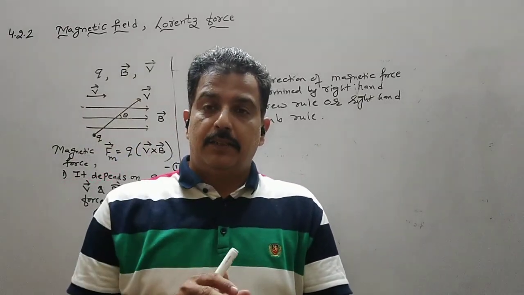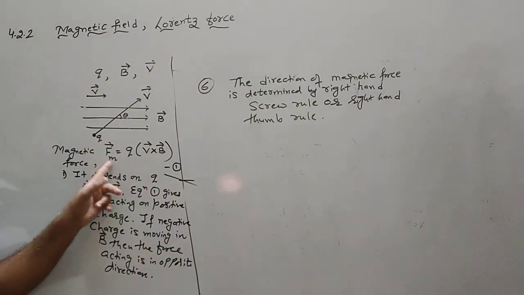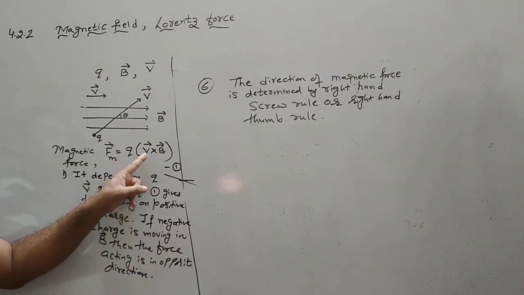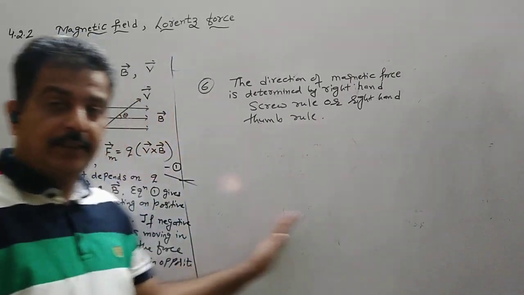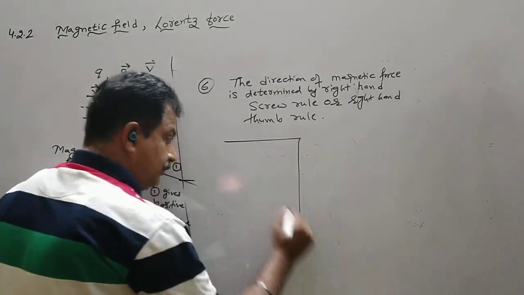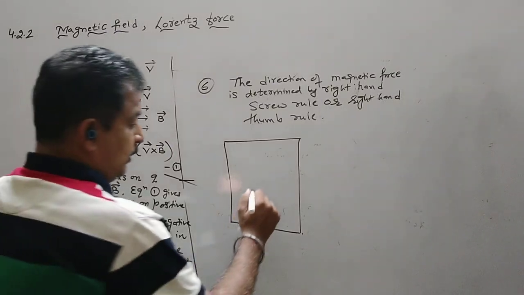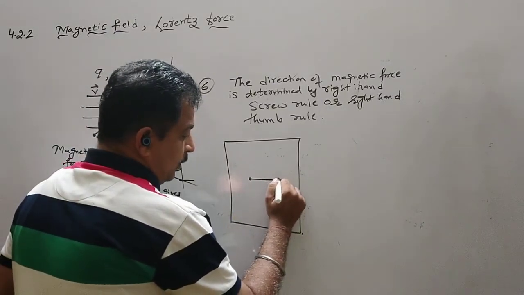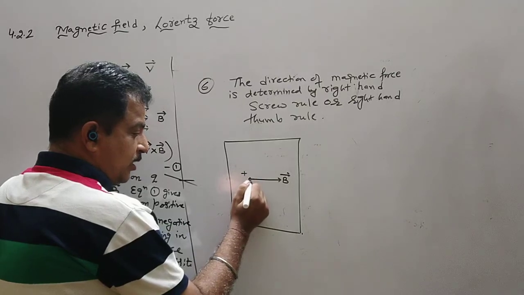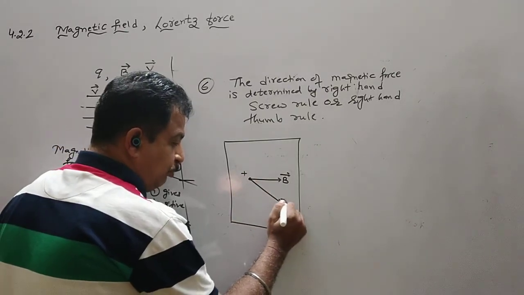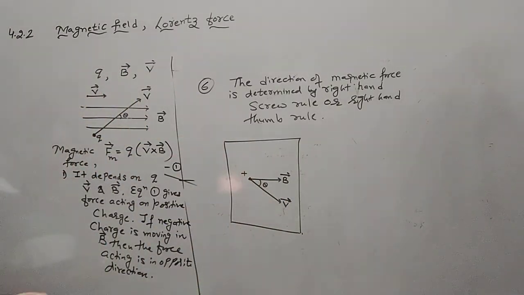But if it enters making an angle theta, then this force, that is the magnetic force, is perpendicular to the plane containing V and B. So if I consider this board as a plane, suppose the magnetic field is in this direction and this is a charged particle, it is moving in this direction, that is V vector, and this angle is theta. Now this is a plane.